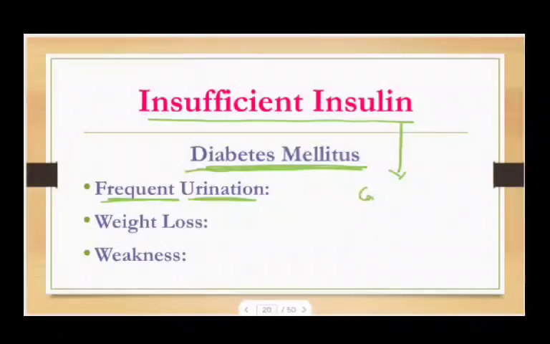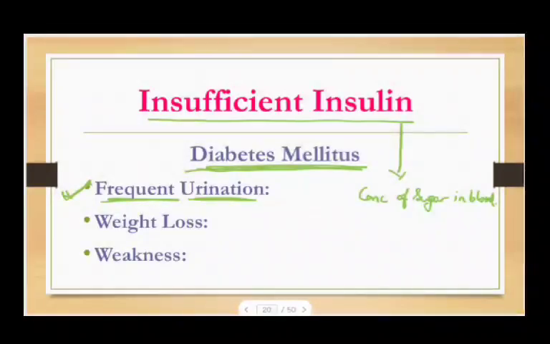Because there's no one to control the action of sugar in the blood, the body becomes incapable of controlling the concentration of sugar in the blood. So somehow the body has to have a mechanism where the extra sugar is eradicated from the body, and hence the body wants to get rid of this extra sugar. So that's the reason for frequent urination.